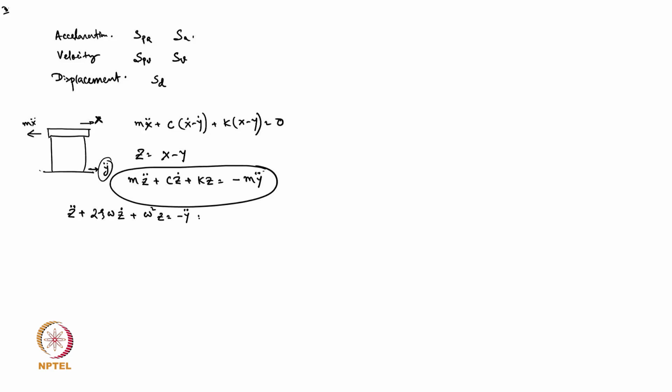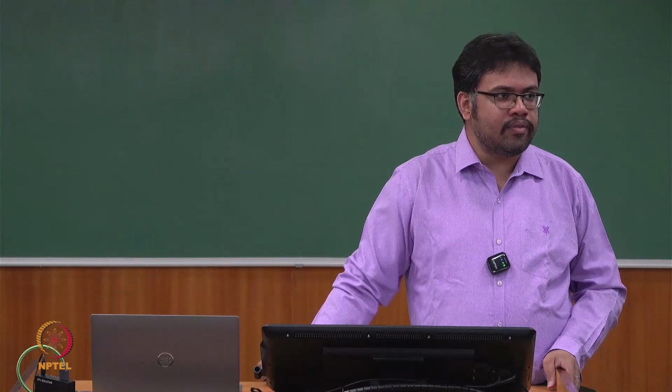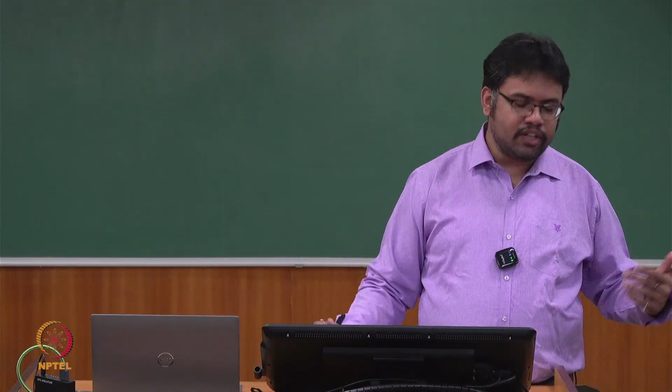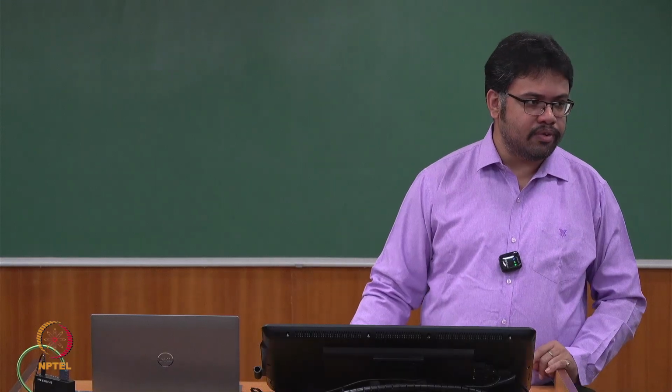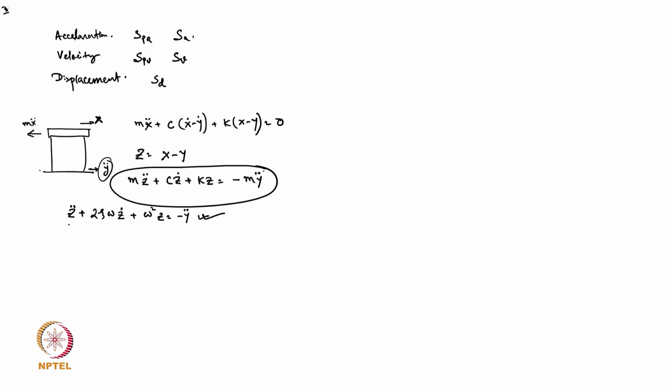This equation of the damped single degree of freedom system depends on what parameters? First, what is known and what is unknown? Is z known or unknown? z is unknown. So z dot is unknown, z double dot is also unknown. These 3 are the unknowns.